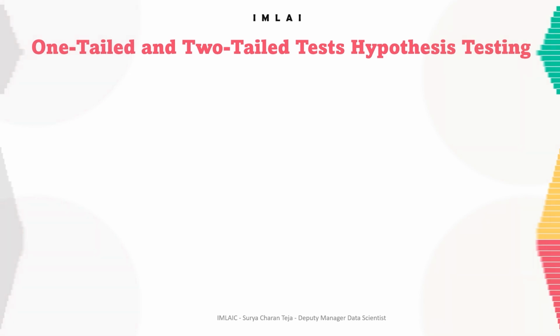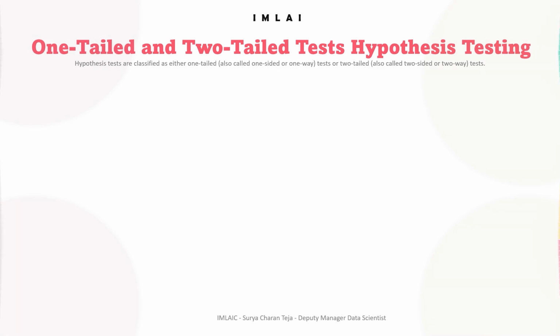Hypothesis tests are classified as either one-tailed, also called one-sided or one-way tests, or two-tailed, also called two-sided or two-way tests.